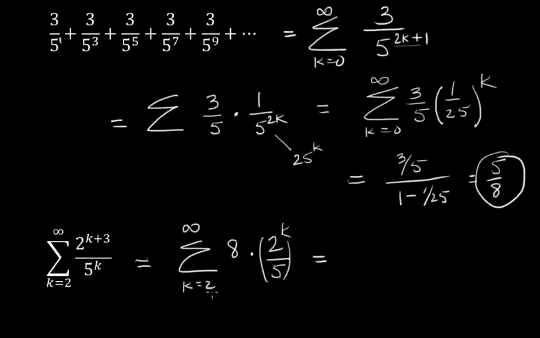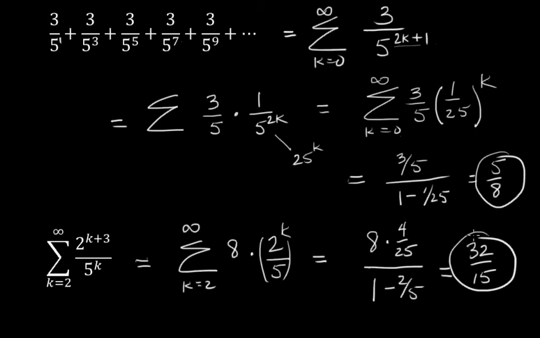So it will converge, since 2/5 is less than 1. It starts at 2, so it converges to the first term, 8 times (2/5) squared, over 1 minus 2/5. And that is 32 over 15, if I calculated it correctly.